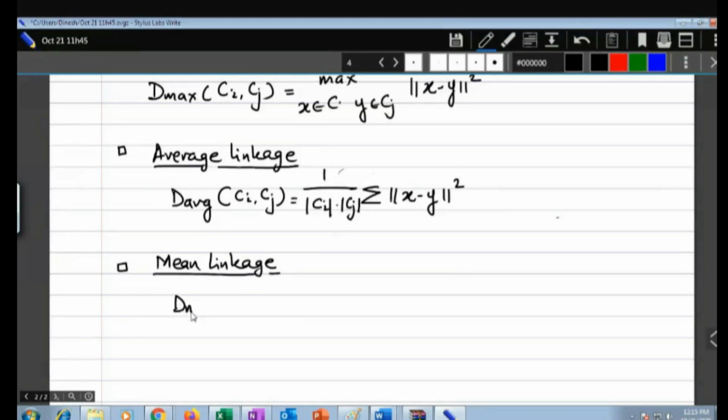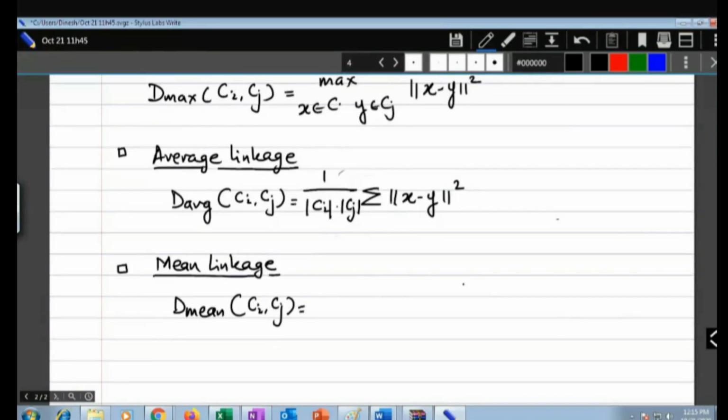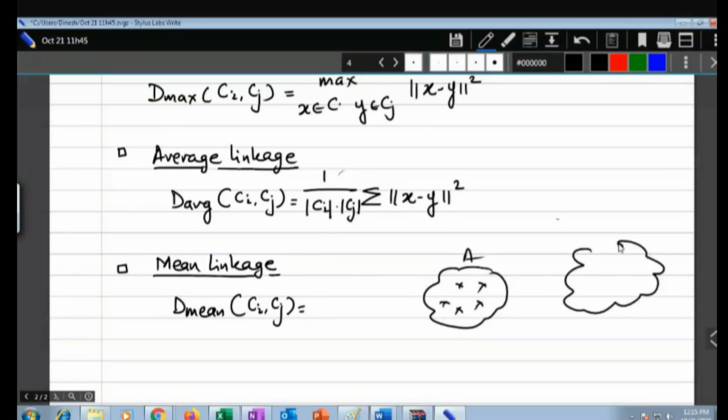It is called, let's say, d mean. So what you will do here: if you are given, let's say, a cluster A, and there is another cluster called cluster B, then you calculate the mean of each.